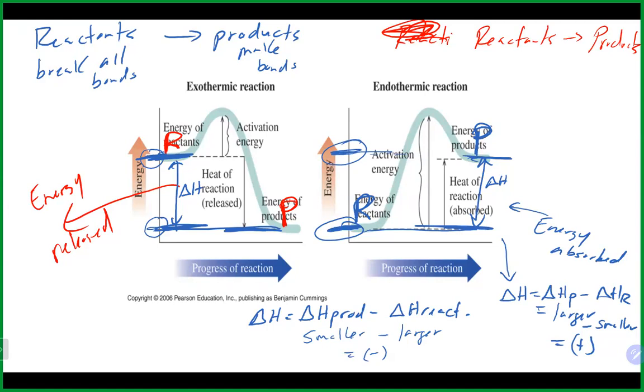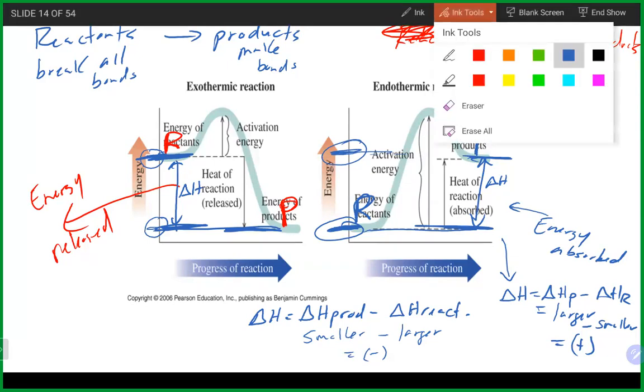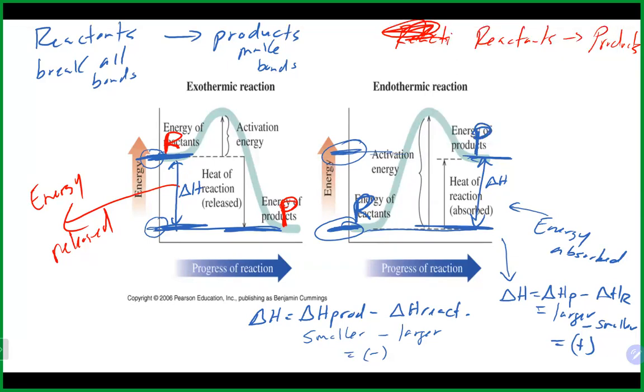So what is that minimum amount of energy? If we look at our diagram here, as we head up the hill to the top, the difference between where the reactants started in energy and the top of this hill is what is known as the activation energy, and that is the minimum amount of energy needed for a reaction to take place.